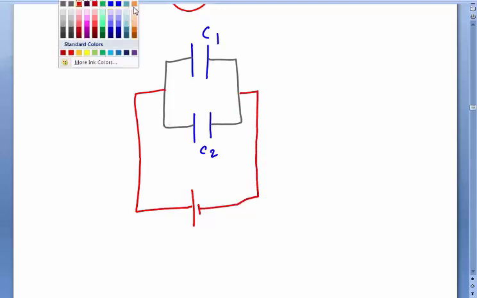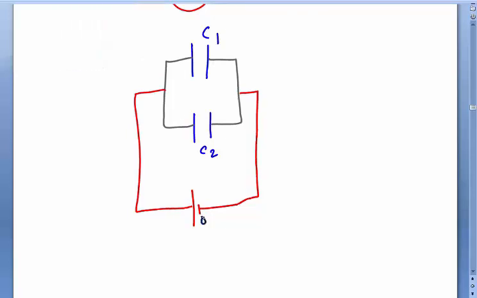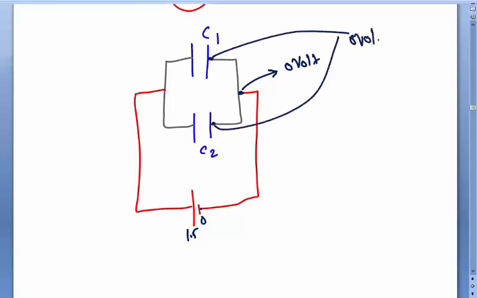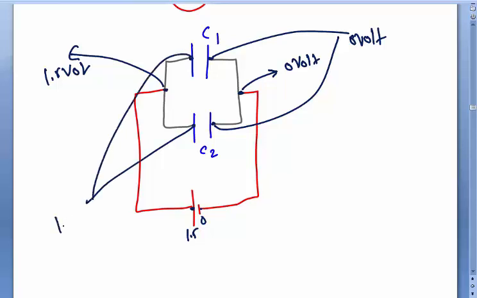If we go through this, we will observe that if this is 0 potential and this is 1.5 potential, just a numerical figure I am giving to make you understand. If this is at 0 potential, this point will also be at 0 volt, and these two points will also be at 0 volt. Now this end is 1.5 volt, so this end will also be at 1.5 volt, and these ends will also be at 1.5 volt.